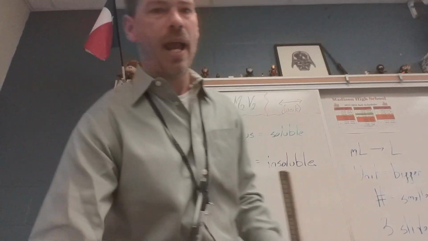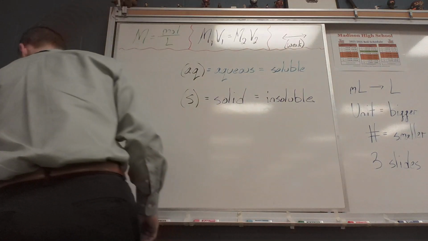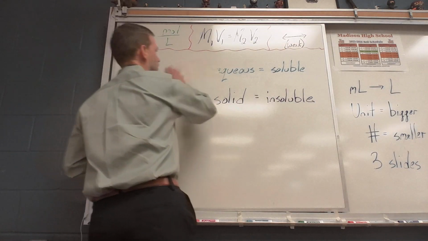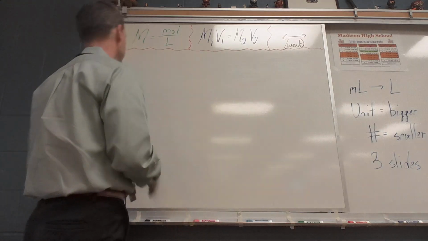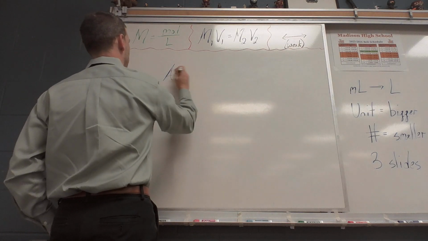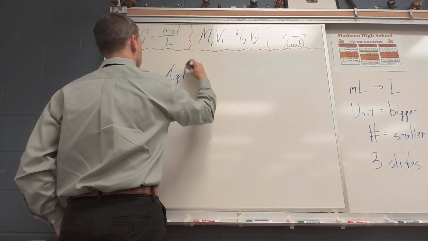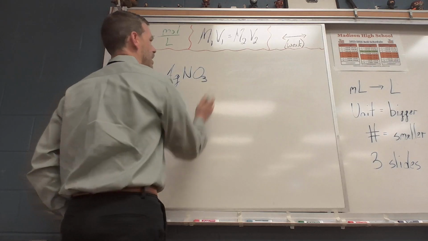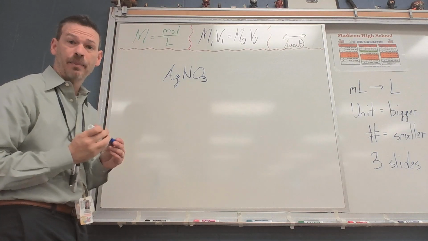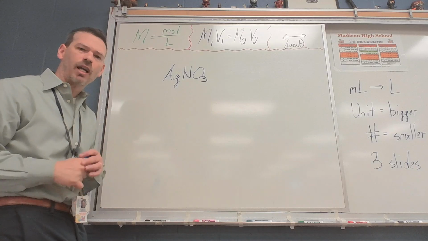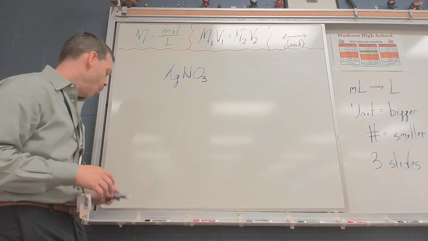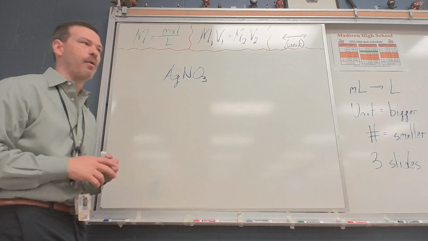So let's practice a little bit. Silver nitrate is our first example there. So we're dealing with silver nitrate. All right, so make sure we're able to do the nomenclature. And all I want to know, is it S or AQ? Is it soluble or insoluble? Which rule do you see jump out at you immediately?